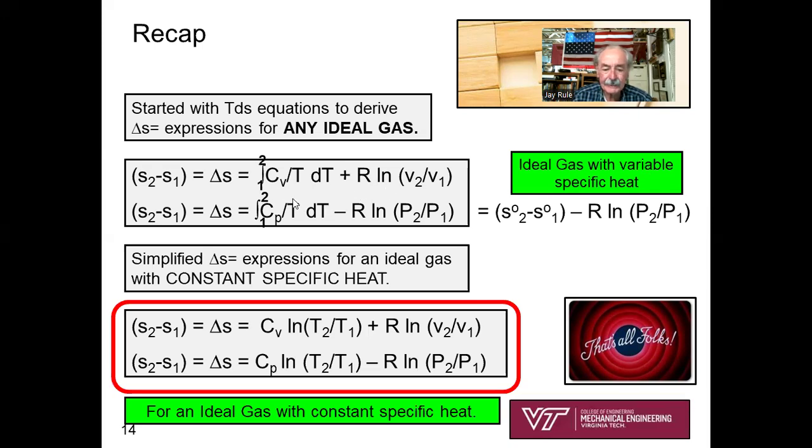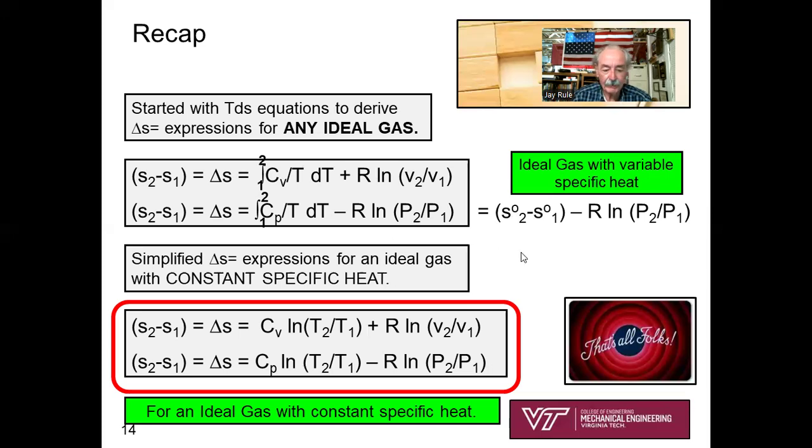Okay, so recognize that. Delta S is the integral of Cp over T dT, a complex integral, minus R natural log P2 over P1. And we showed that these S0 terms can be found in the back of the book. Properties, entropy, kilojoules per kilogram degree K.